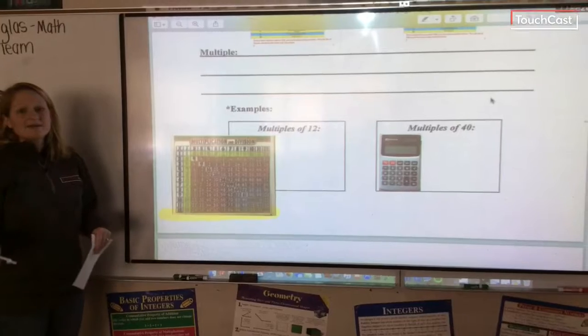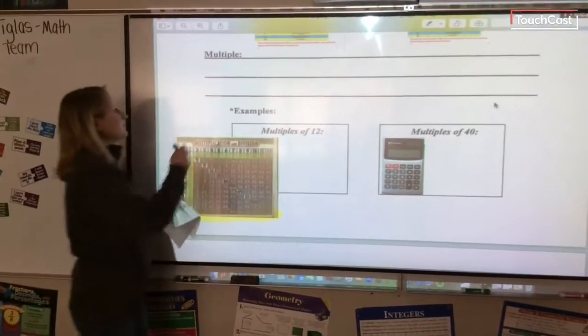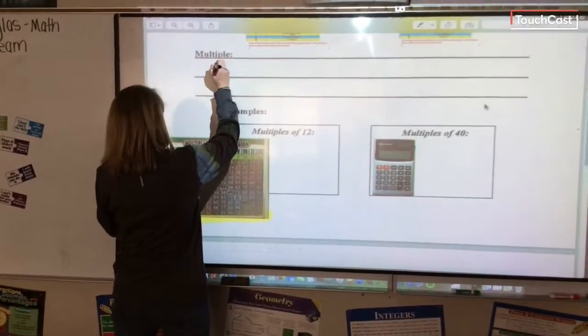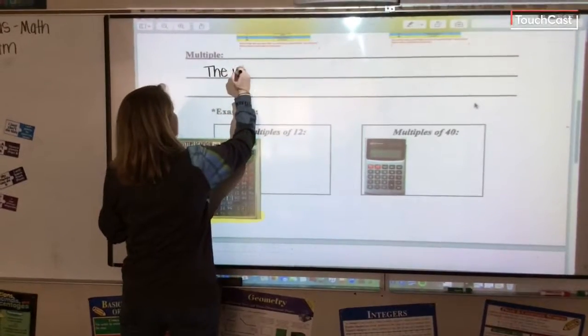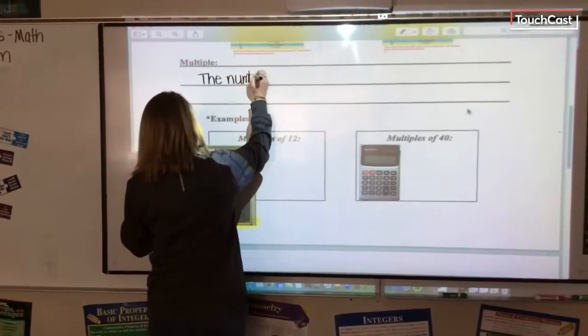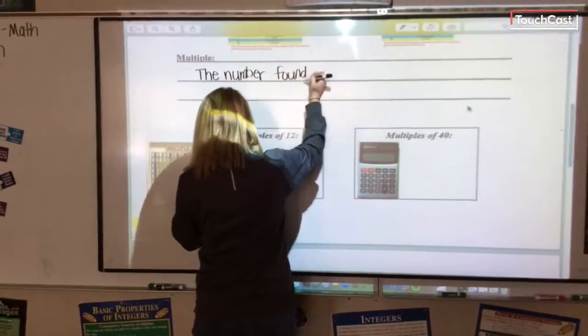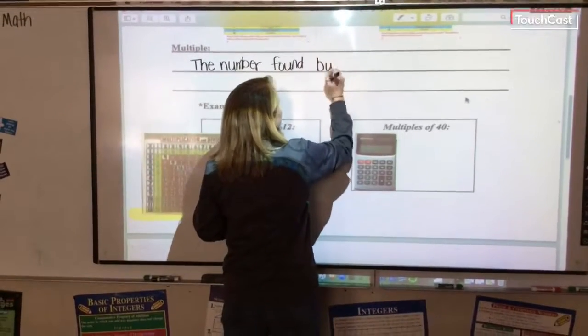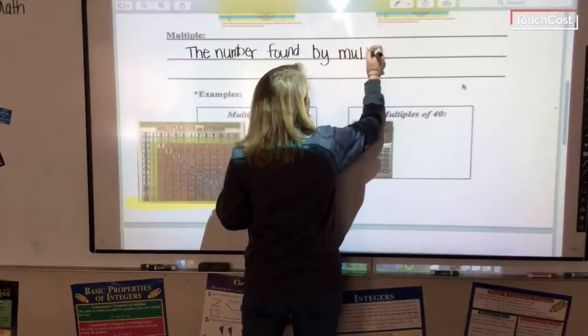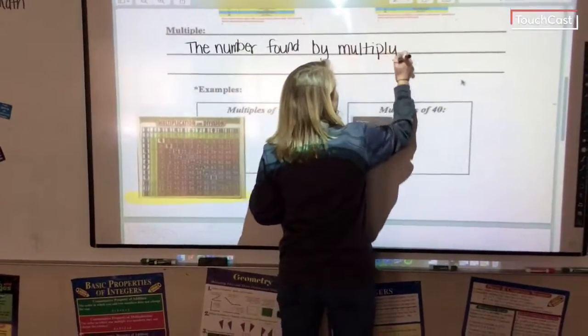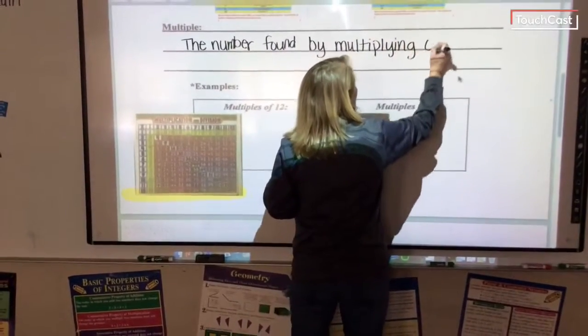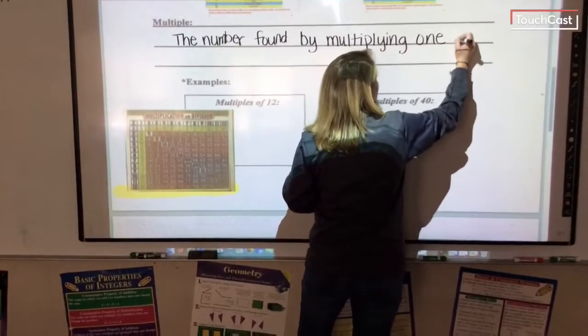Okay, so now we want to talk about multiples. A multiple is the number found by multiplying one number by another.